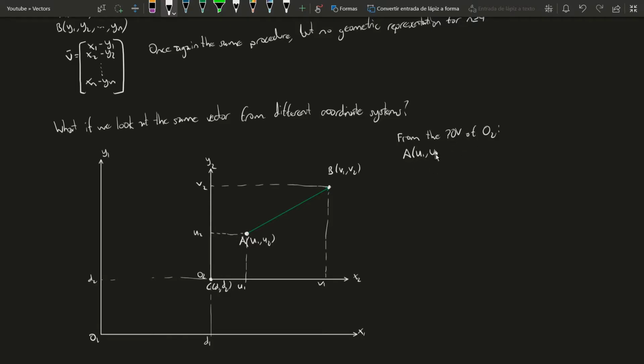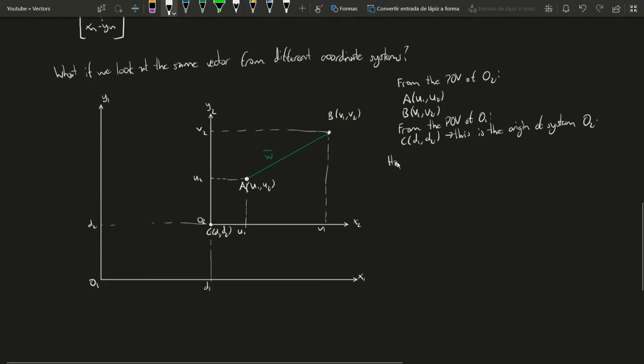From the point of view of the first coordinate system, the origin of system O2 is located at point C with coordinates d1, d2. Now, how does vector W look like from system O2? Follow the same procedure as before, and you'll get components v1 minus u1, v2 minus u2.